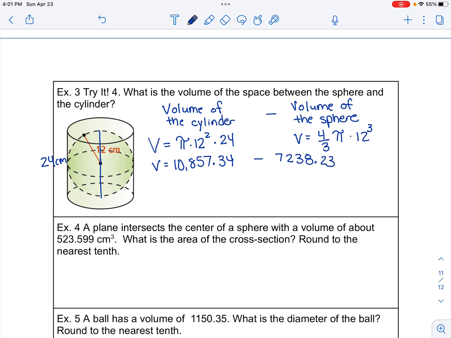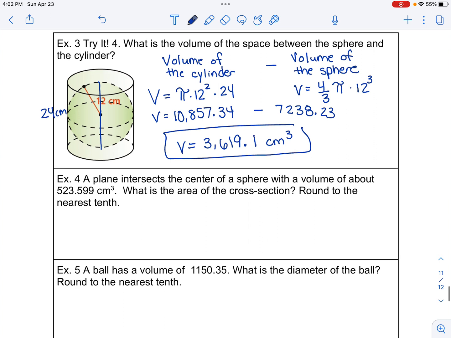And now I'm going to subtract that to figure out how much volume is on the outside of the sphere but still inside the cylinder. It looks like we come out to about 3,619.1. This would be in centimeters cubed. So that's the remaining volume we would have to fill up with some kind of foam or something to support that, or that would be the air amount that would be around that sphere.